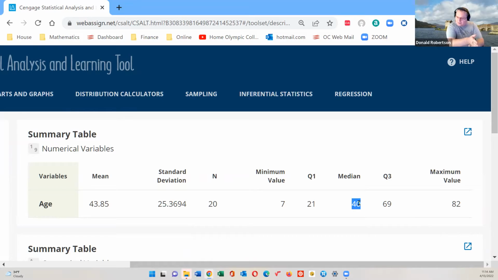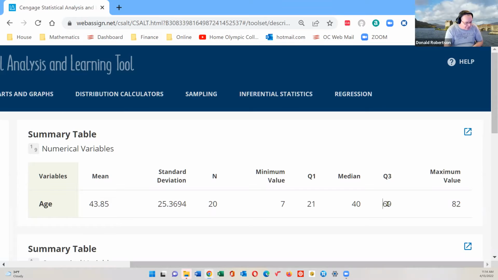At 40 years of age, aren't half the people older and half the people younger? That's what the median tells me. If you go to Q1, the first quartile, at that age, isn't 25% of the people younger and the other 75% older than 21? You see how the Q1s work, right? 25% are younger than 21, the other 75% are older.